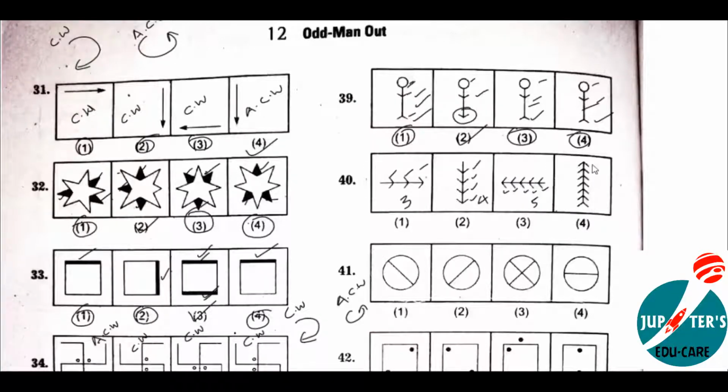In the fourth option, 1, 2, 3, 4, 5, 6, 7. 7 arrows we have. So if you observe carefully, in the first option, third option, fourth option, we are having an odd number of arrows. But in case of option 2, we are having an even number of arrows. So option 2 is our answer.